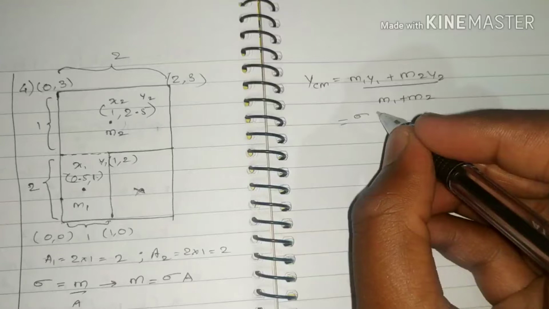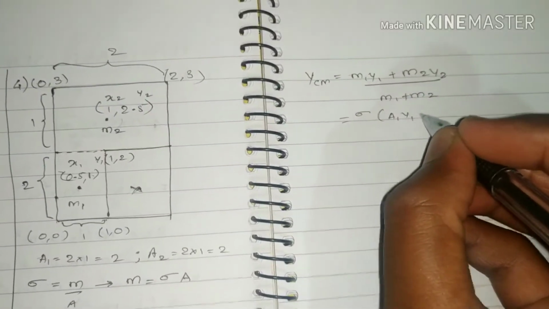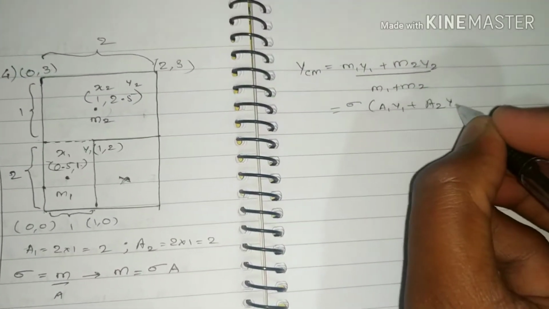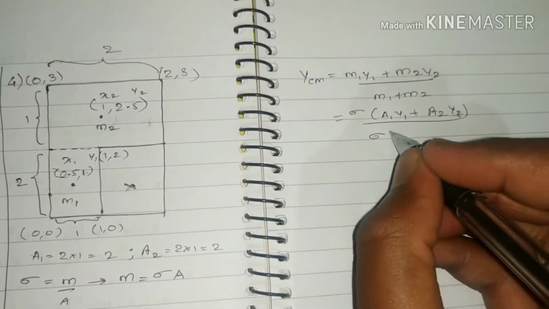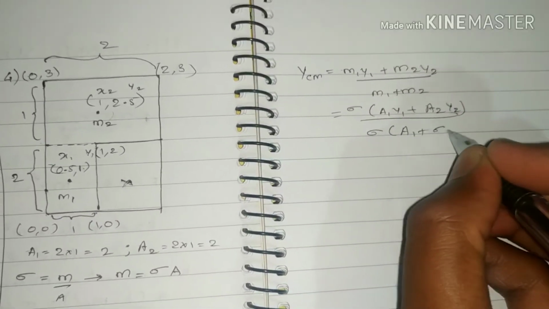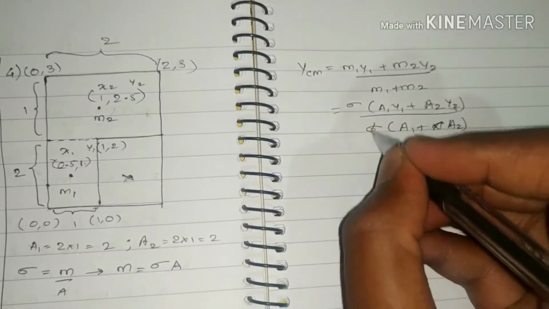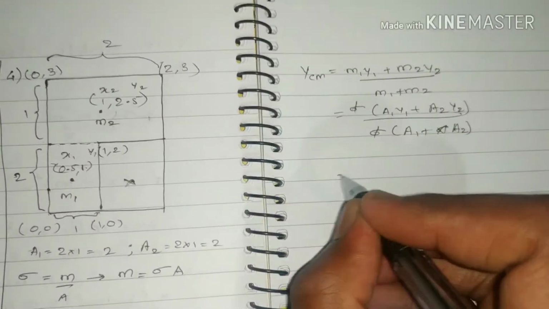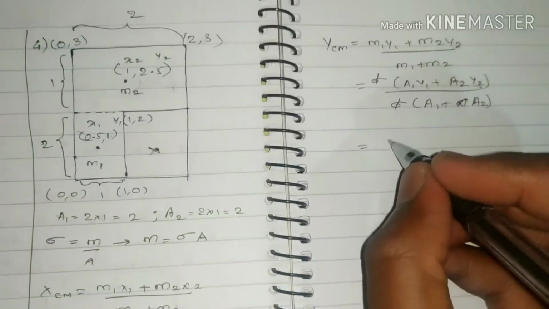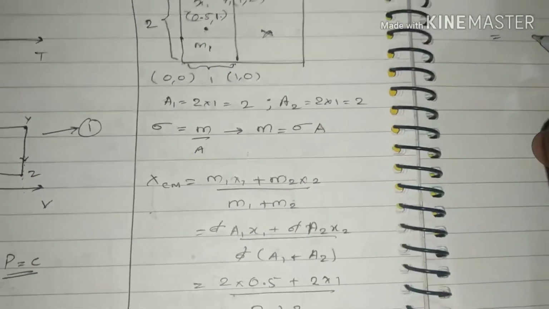Again, instead of mass I'll write sigma into a1, so sigma times a1 y1 plus a2 y2 upon sigma times a1 plus sigma times a2. Sigma gets cancelled. I've already found the values for a1 and a2.